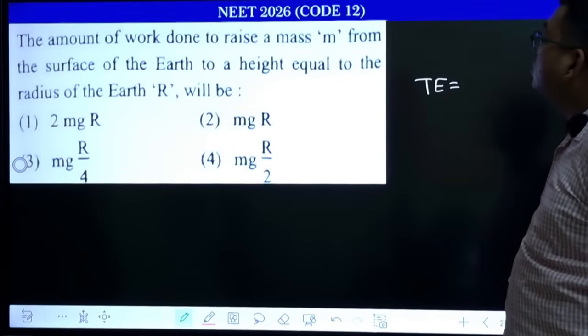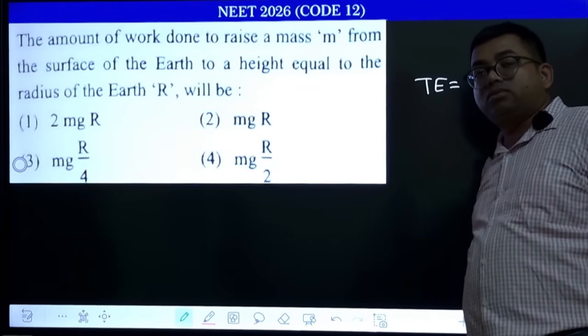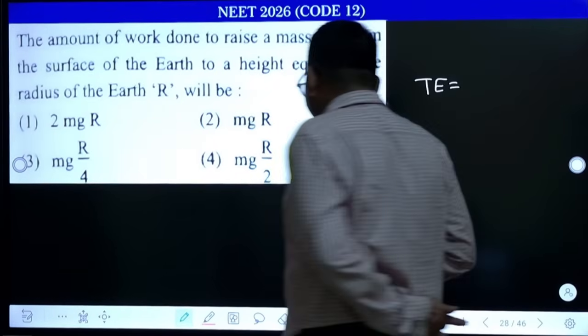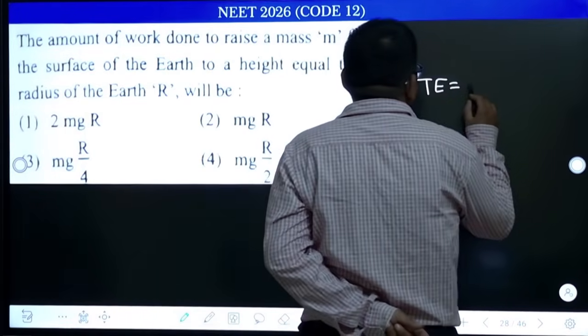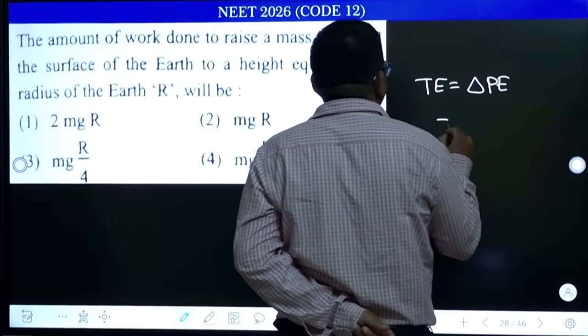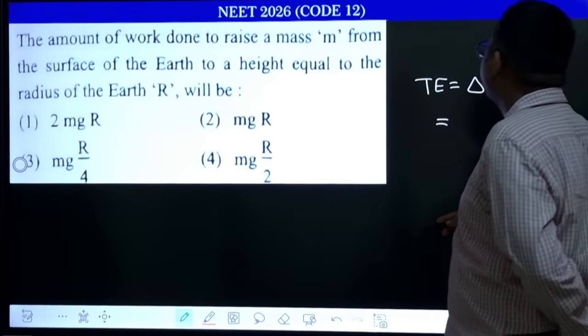But see, you are not considering any orbital motion, right? You are simply lifting that, and it is just change of potential energy, because kinetic energy is not changing. You are not giving any motion.